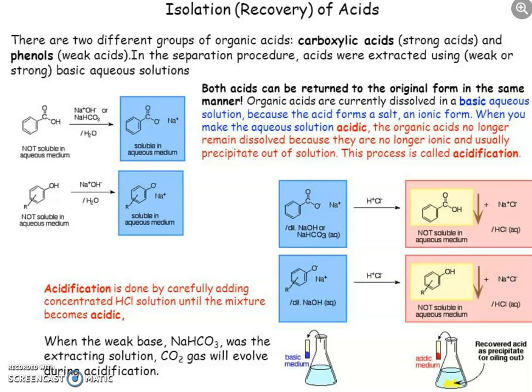When the weak base sodium bicarbonate was the extracting solution, carbon dioxide gas will evolve during acidification. So with sodium bicarbonate, or sodium hydroxide in case of phenol, you get your soluble salts, and then after acidification the compound is not soluble in aqueous medium, and you recover the acid or phenol.